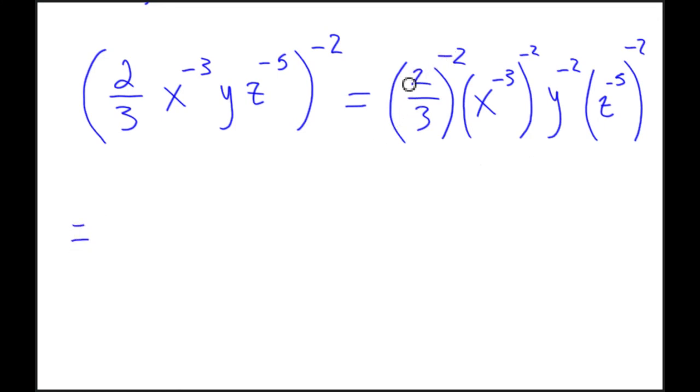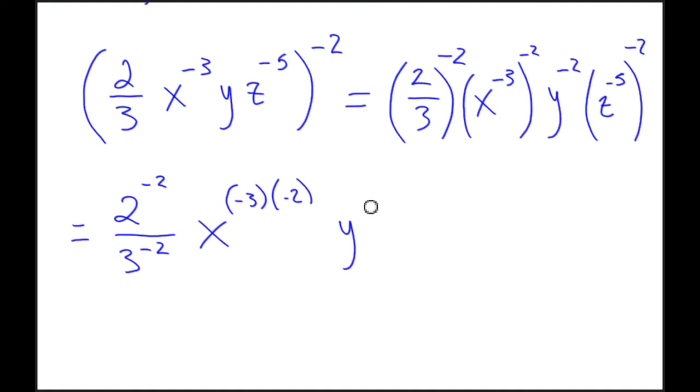Here, this negative 2 applies to both of these, so this will be 2 to the negative 2 divided by 3 to the negative 2, times x to the negative 3 times negative 2, right? Because remember, when you have an exponent raised to an exponent, you multiply those together. And this will be times y to the negative 2 times z to the negative 5 times negative 2.